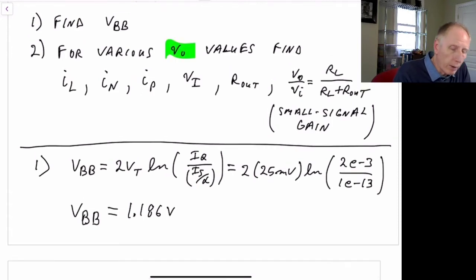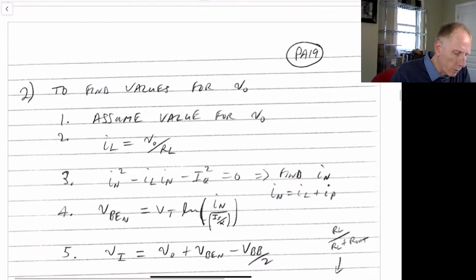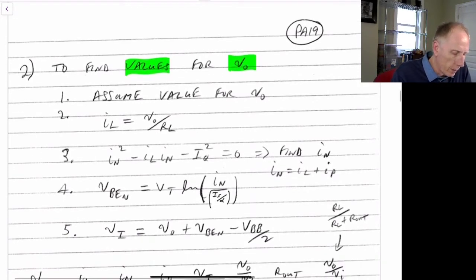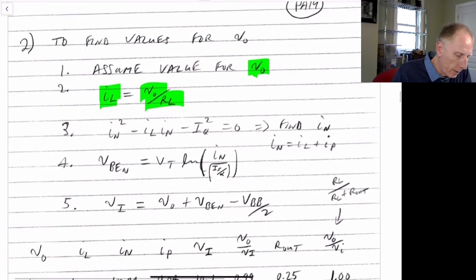The second part is to look at various output voltages. To find values for output voltages, we first choose an output voltage we want to look at. Then we can write that the output load current is just Vout divided by RL, so it's straightforward. Now that we have I sub L, we have this value.